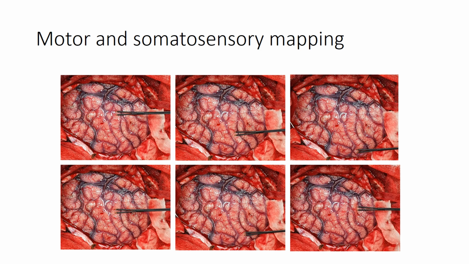You may see that this patient underwent stereo EEG. Here are the scars from SEEG electrodes. Here as well. And you see the different positions of the probe that we stimulated the exposed cortex with.